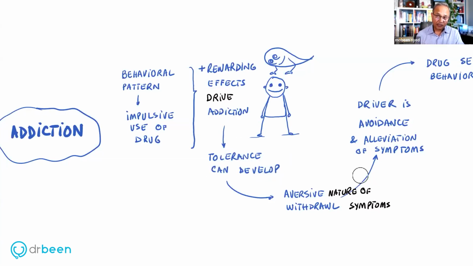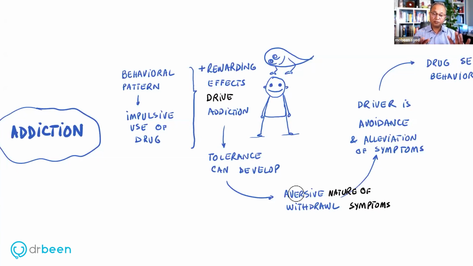Tolerance can develop to the opioid usage. So as the tolerance develops and the patient seeks the same rewarding feeling, and if you do a withdrawal, if you stop the opioid, then there is the aversive nature of the withdrawal symptoms. The withdrawal symptoms, as you saw before: agitation, hyperalgesia, palpitations, increased blood pressure, GIT movements, pituitary hormone release, adrenal hormone release, and their effects.